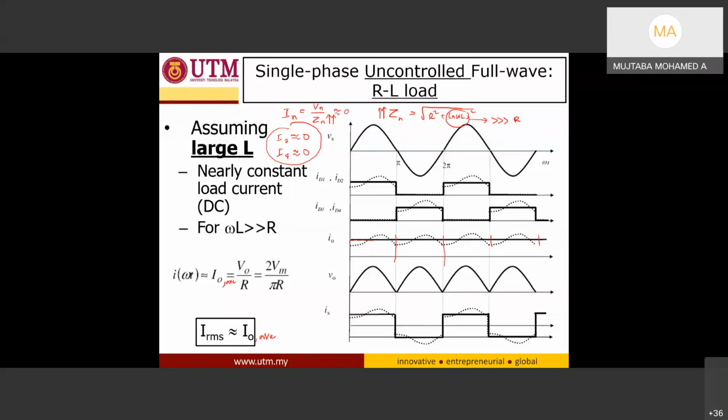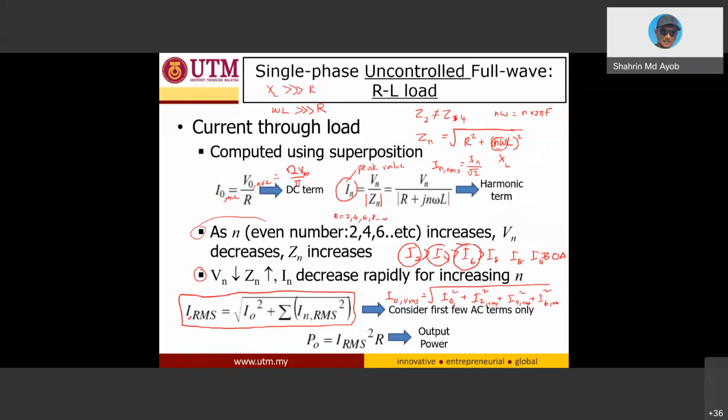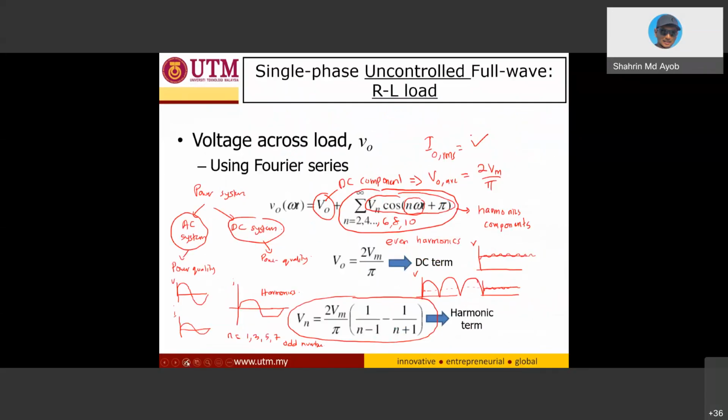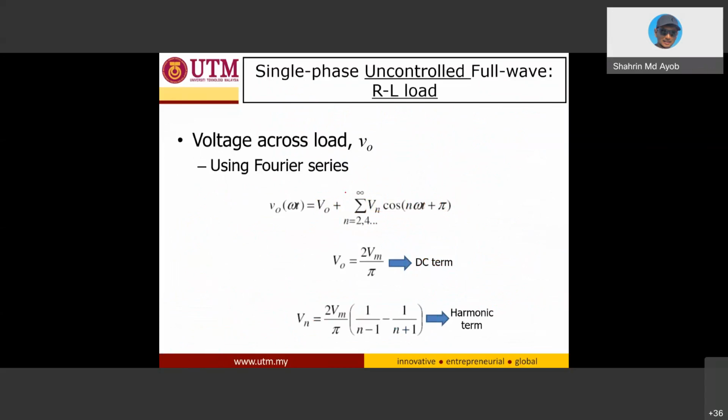Actually, for this DC waveform, this is your average, and these are your harmonics, with numbers starting from 2, 4, 6, 8 until infinity. But we usually don't consider them much.